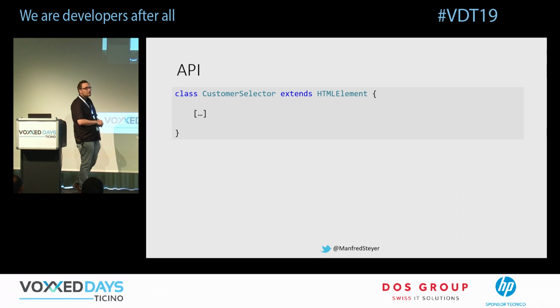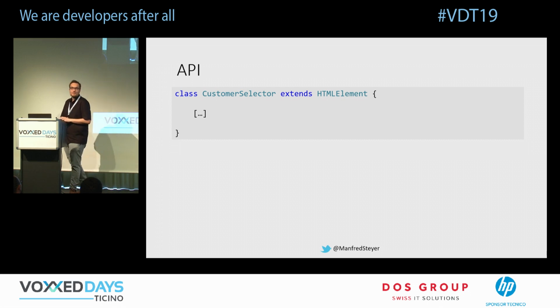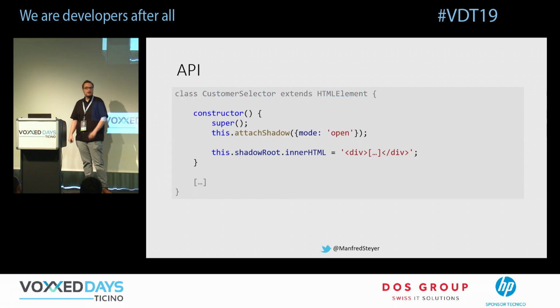So if you look at the browser APIs, you see that using a custom element is not difficult at all. It is just a matter of providing a class which is subclassing HTML element or some other base class provided for these purposes. In this case, I'm just going with HTML element. In addition, you have to provide a constructor.